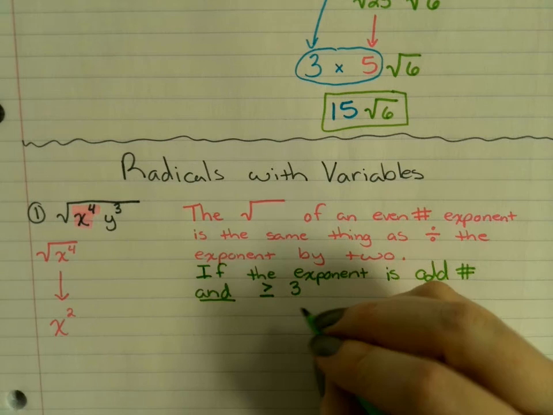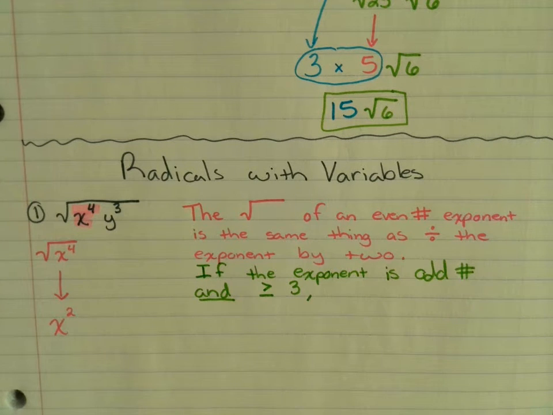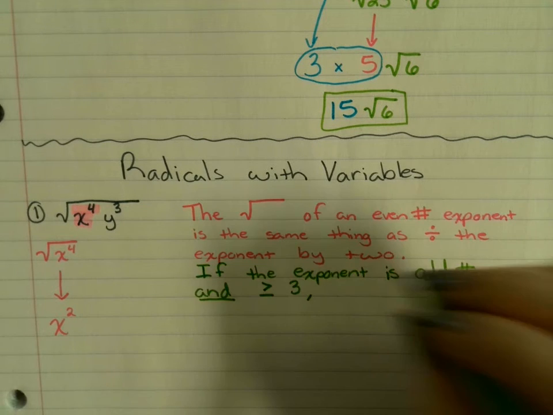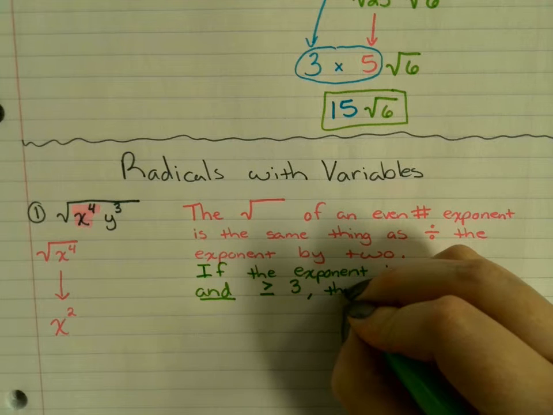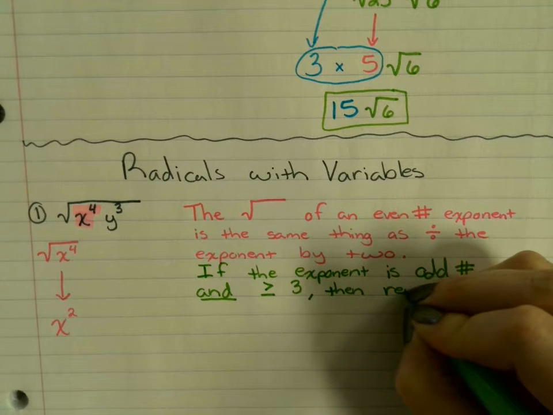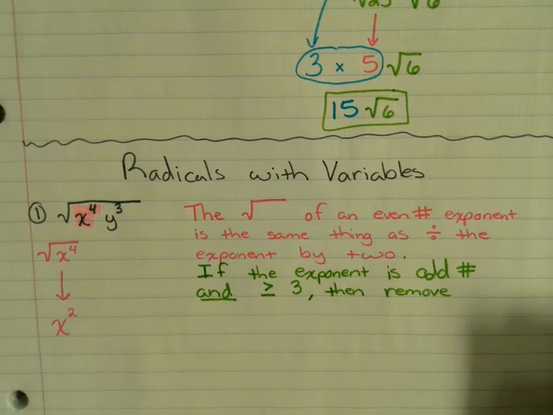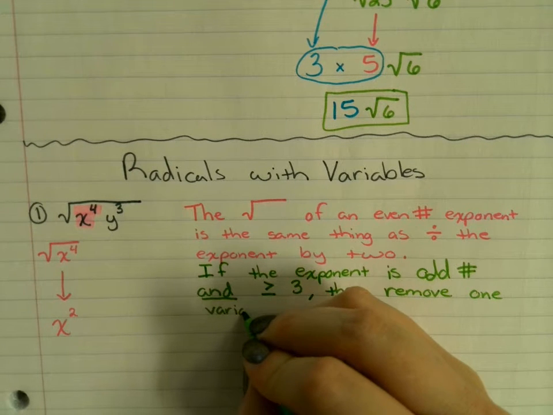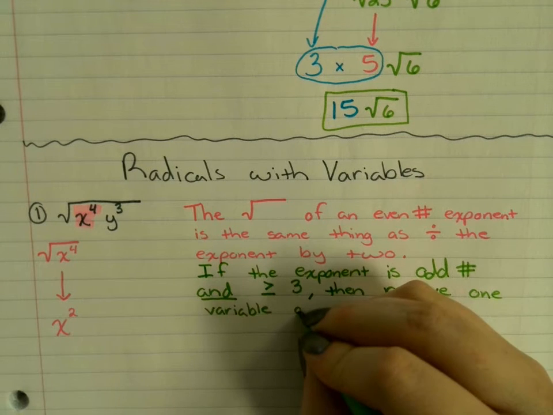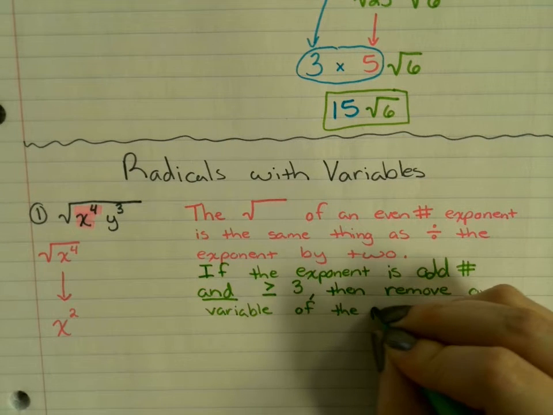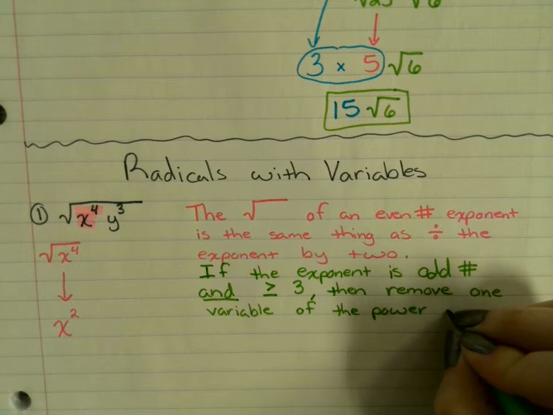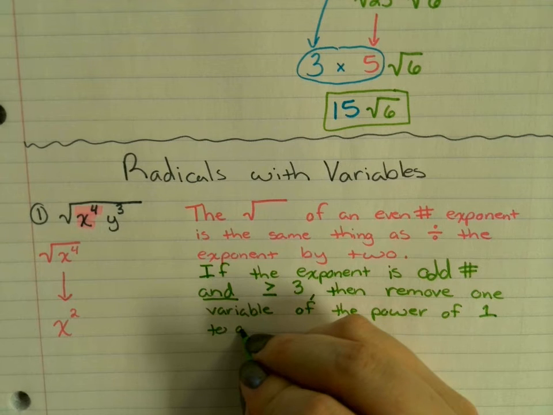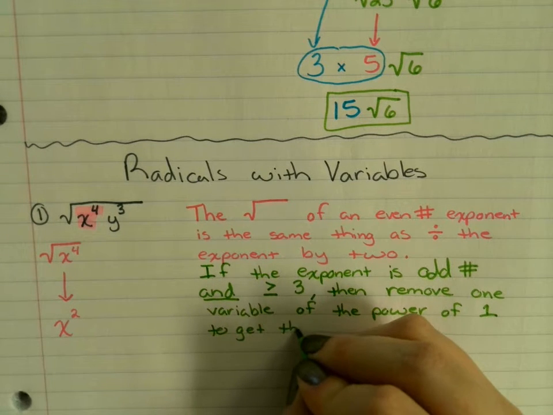So it has to be a 3 or larger as an odd number. Then you're going to remove one variable, of the power of 1, so that you can get the exponent to be even.